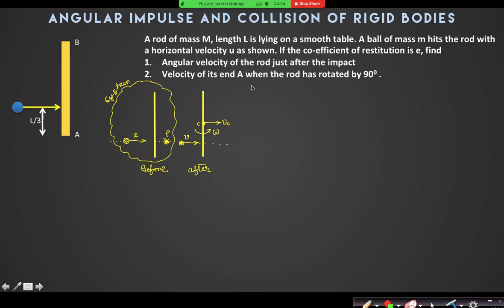Can I conserve angular momentum about this point P? Yes or no? Angular momentum about P is also conserved.